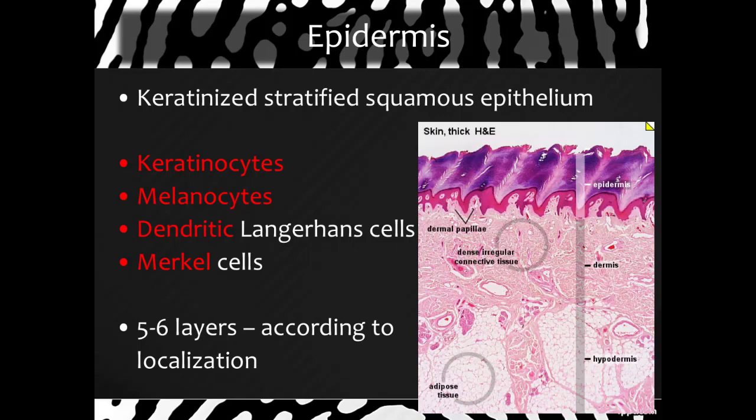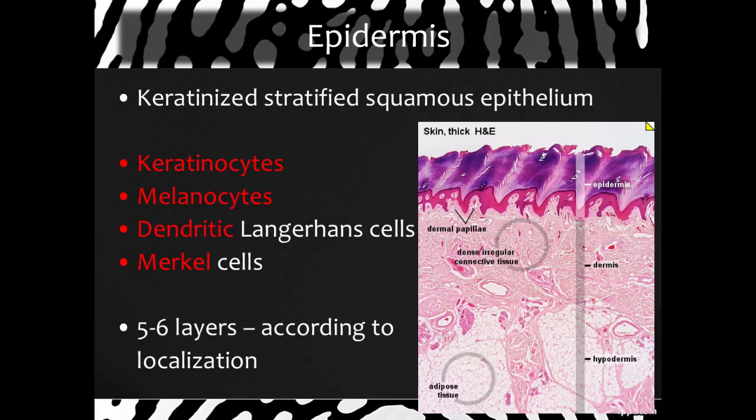These keratins form intermediate filaments, and in the superficial layers of the epidermis, these keratins constitute about 85% of fully differentiated cells.